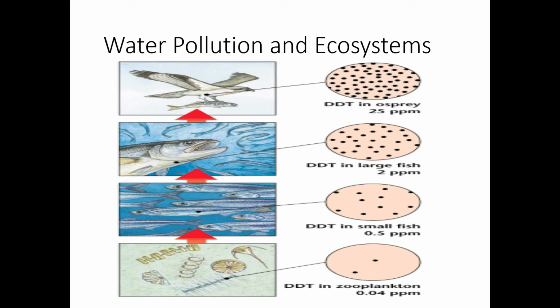And then you have a bird like the osprey that eats 12 or 13 of these large fish, and then as humans, we eat this bird, and you start seeing how this DDT chemical goes from a concentration that's not a big deal to something that can actually be a pretty big deal.